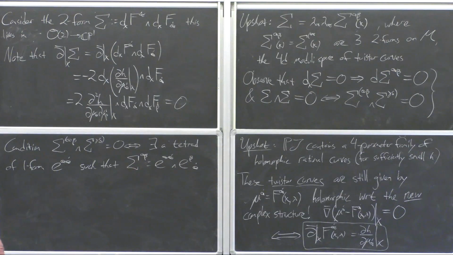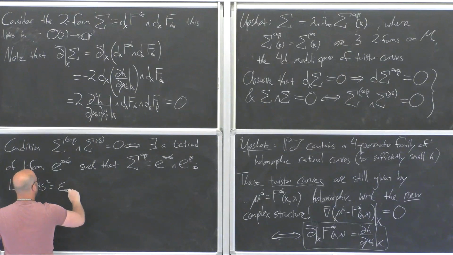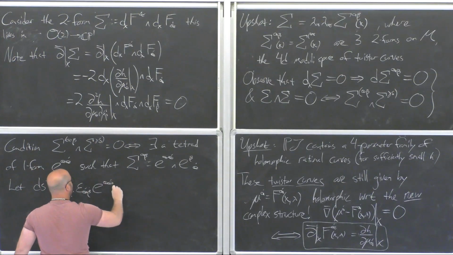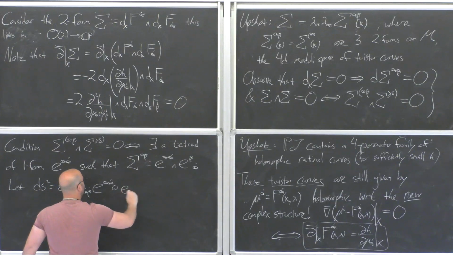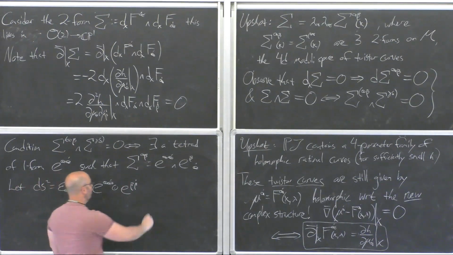Okay, so now we're getting warm. Suddenly we've deduced the existence of a tetrad. And then if I form a metric from this tetrad, ds squared is just epsilon alpha dot beta dot e alpha alpha dot symmetric product e beta beta dot.